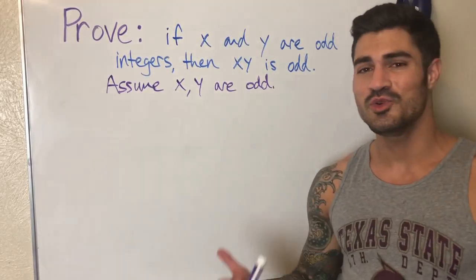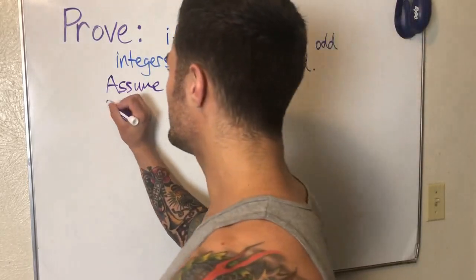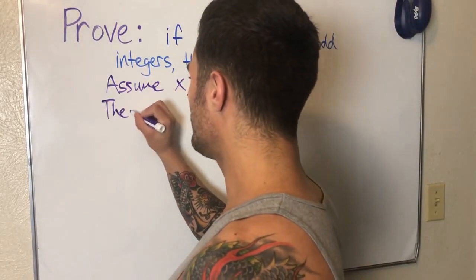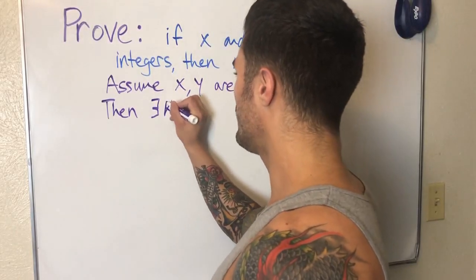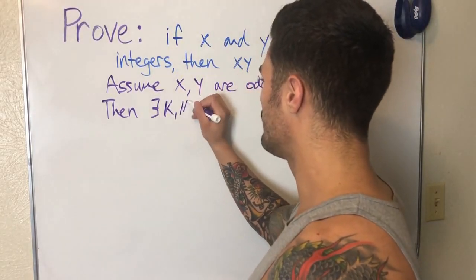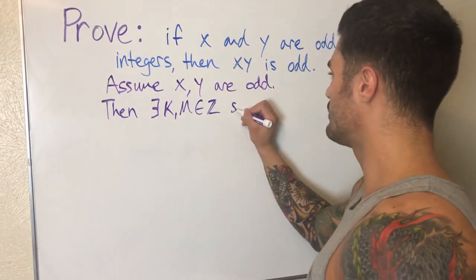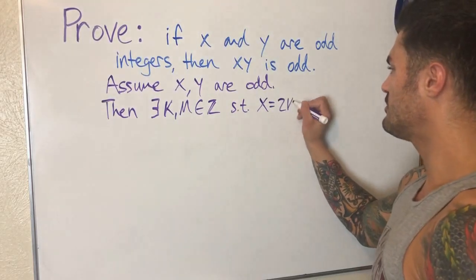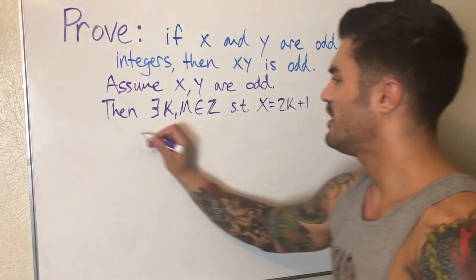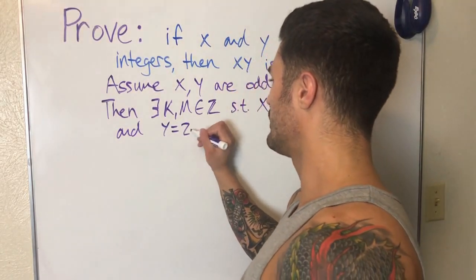So we need two different letters to represent these integers, right? Then there exists a k, but we need another letter too. So then there exists a k and an m, both of these integers, such that x equals 2k plus 1 and y equals 2m plus 1.